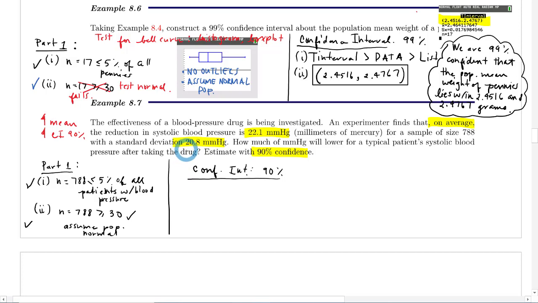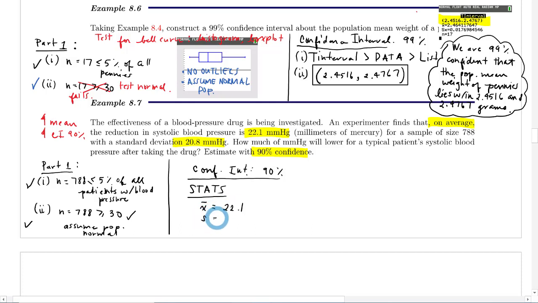So notice that here we don't have raw data, so they're giving us the statistics. So we're going to select stats on our T interval. And then we do know that the average for the sample is 22.1.